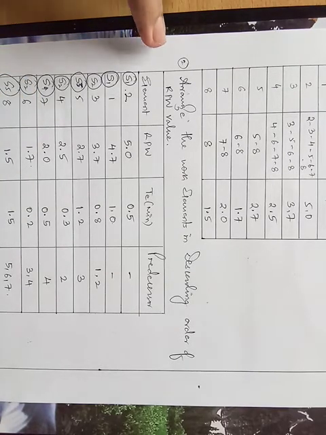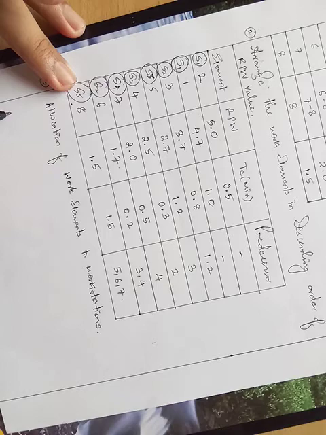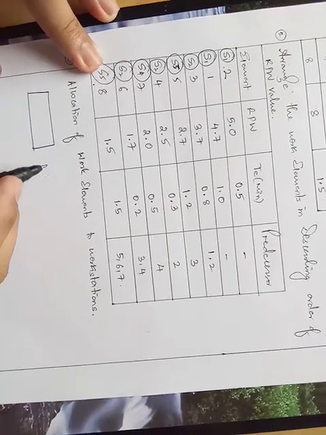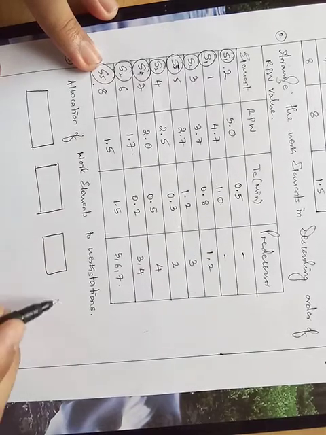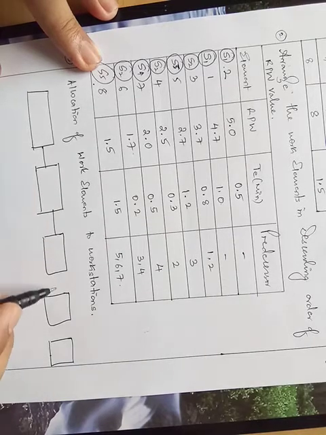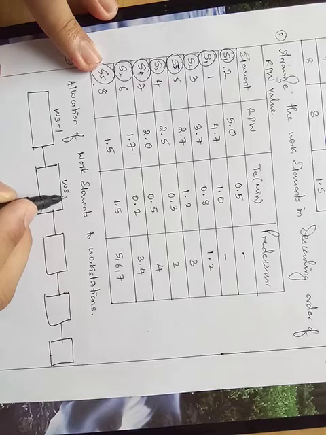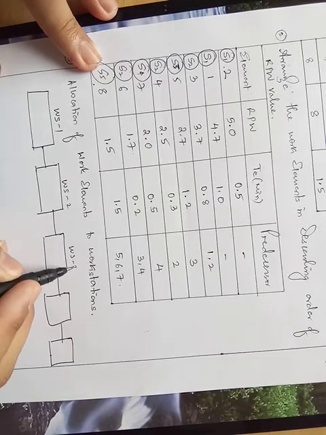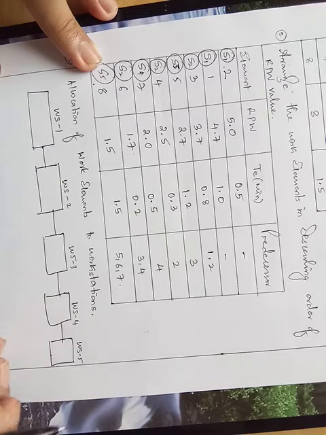If you go through this allocation, you will find that the total number of workstations is equal to 5: workstation 1, workstation 2, workstation 3, workstation 4 and workstation 5.